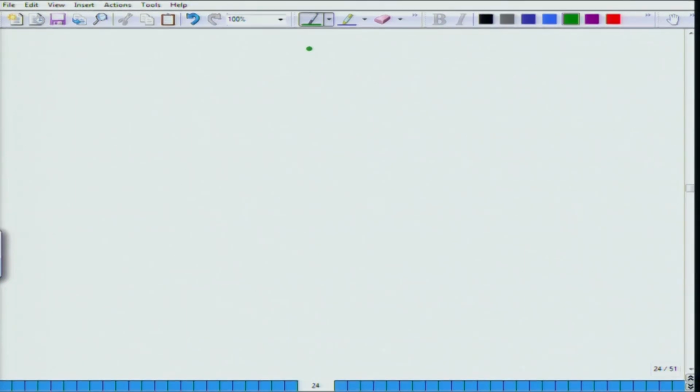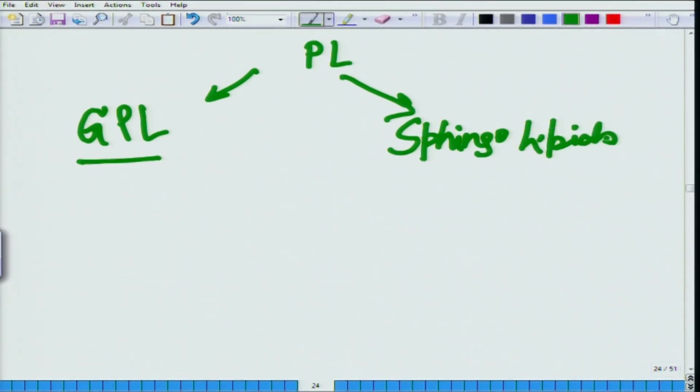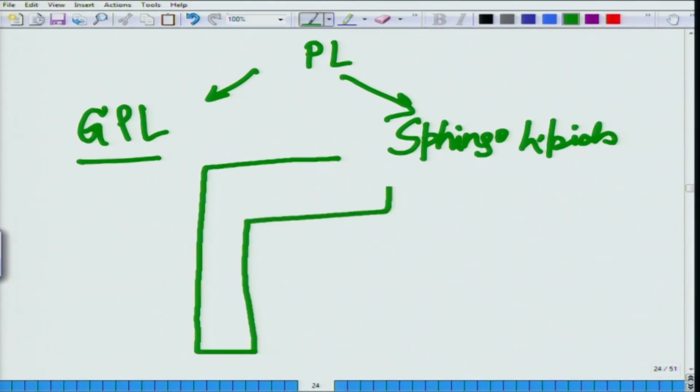Under the class of phospholipids, we talked about glycerophospholipids, GPL. Now, we will talk about sphingolipids. What are sphingolipids? Sphingolipids have a very similar structure. I will draw the structure of the sphingosine moiety, that will help you to understand.